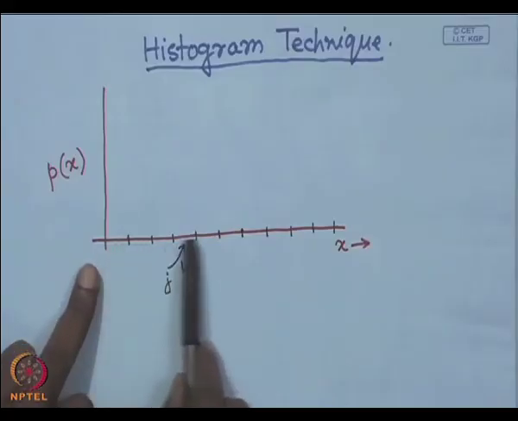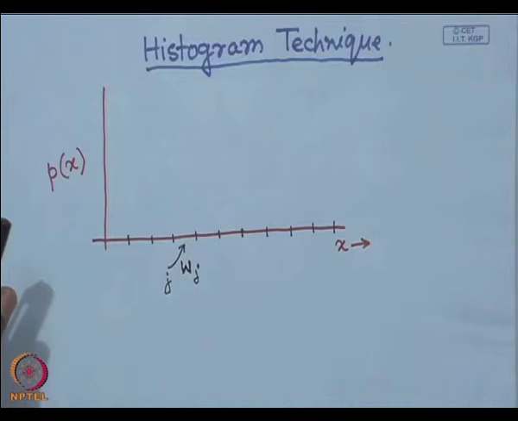I have a large number of samples which represent different sampled values of the variable x, and when I try to estimate the probability density function, along the horizontal axis I put all those different sampled values of x, and along the vertical dimension I put the estimated value of the probability density function. For doing this, out of all these different intervals, I have taken the jth interval whose width I have assumed to be w j.